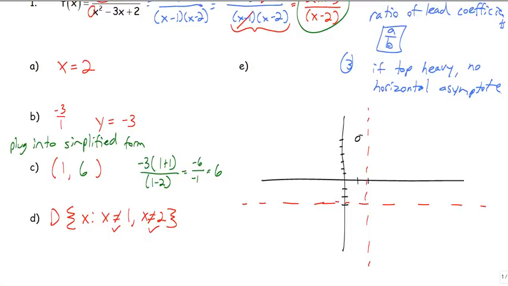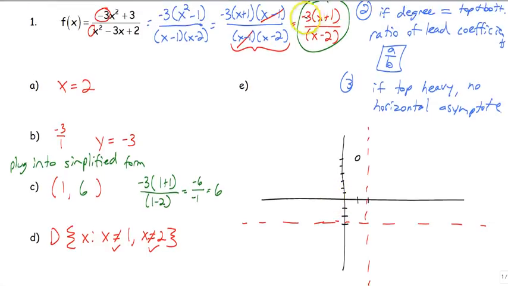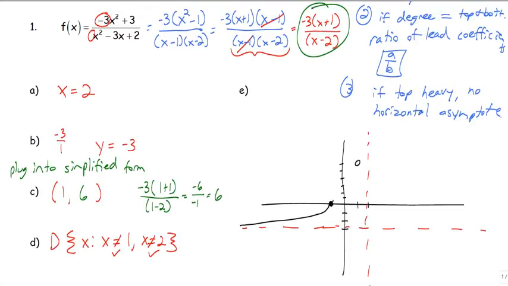Now, we also have an intercept when y is 0. What makes y 0? We can figure that out. Look at the top of your fraction. What makes the top of the fraction 0? Well, when x is negative 1. So that means at negative 1, that's our intercept. And we can pretty much kind of sketch what this will look like. Most of the time they look like these. It's approaching that. It's coming up. Oh, we also can get the y-intercept.